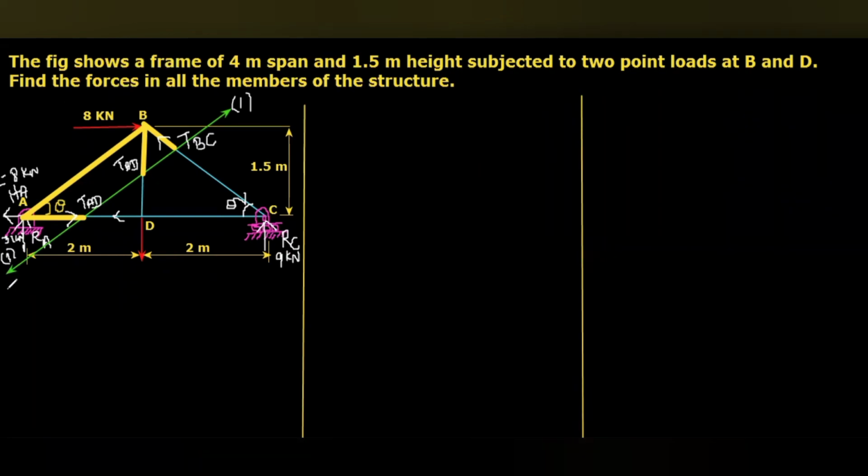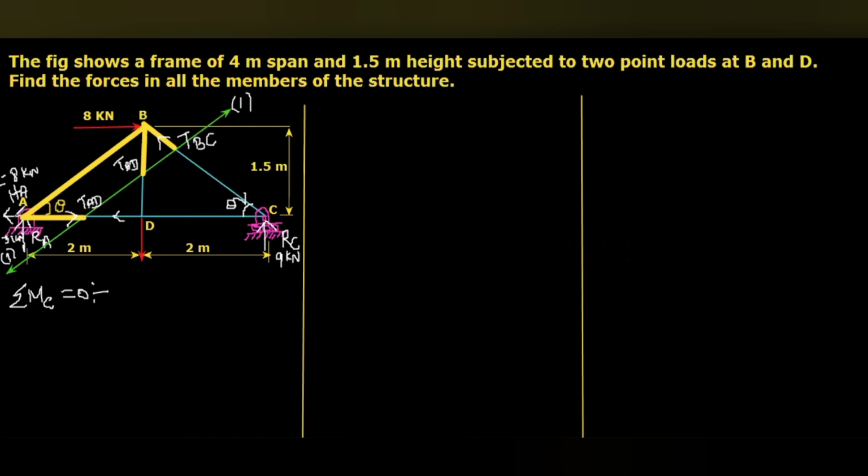Taking moment about the point C equal to 0. When I take moment about C, you can see in the considered portion, 6 forces are there. This TAD passes through the point C, the reference point. HA is a horizontal force, TAD is a horizontal force.